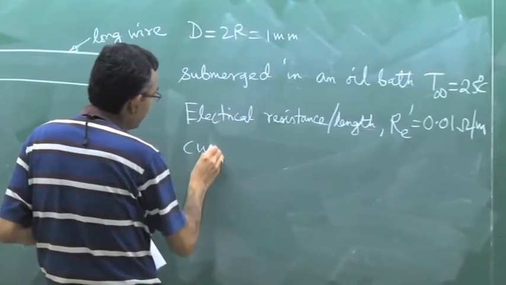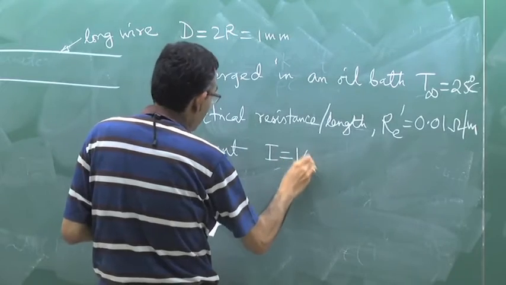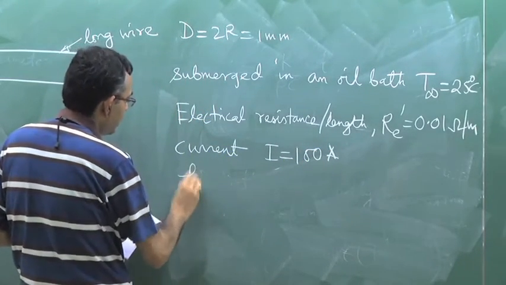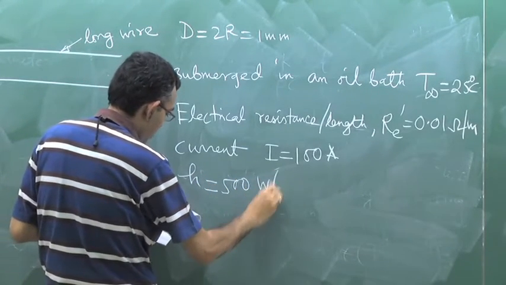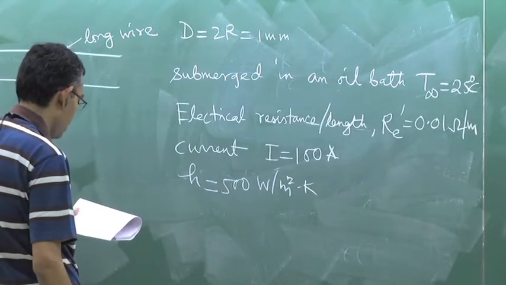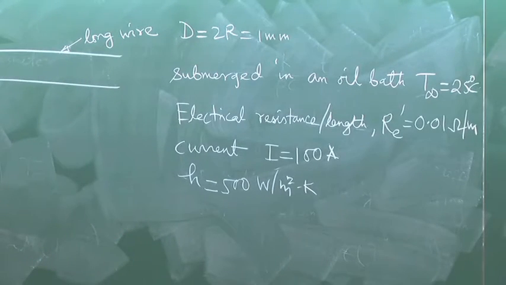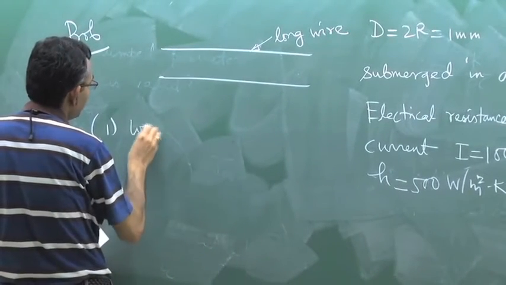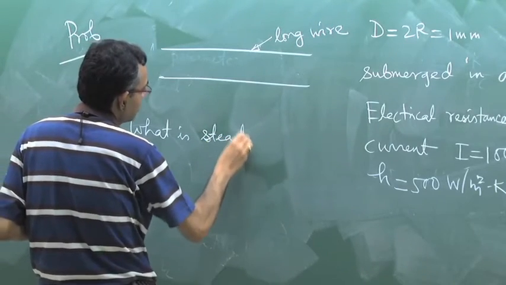The current that flows through the wire is 100 ampere and the convection heat transfer coefficient is 500 watt per meter square Kelvin. The first question is, what is the steady state temperature of the wire?